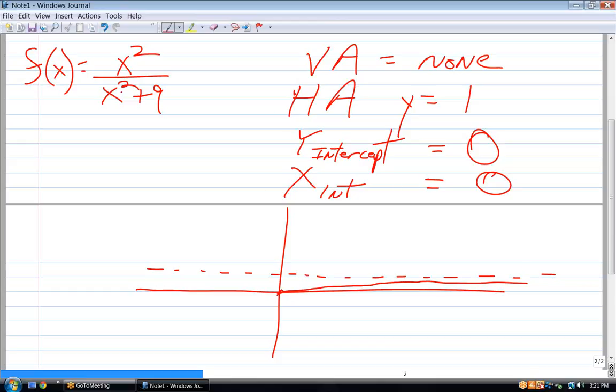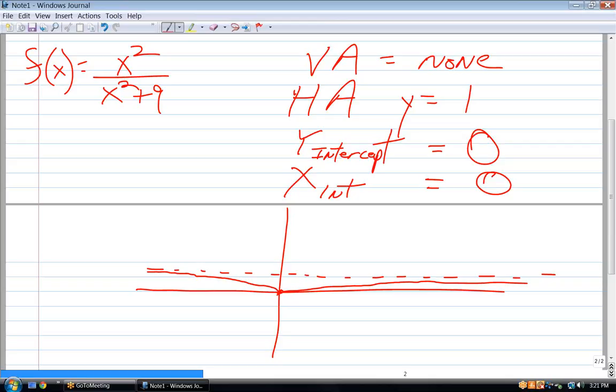And then as x goes negative, this ratio is still positive, and the closer that x gets to negative infinity, the closer that ratio gets to 1. So that's its graph right there. Maybe not exactly the way your grapher would show it, but close to that.